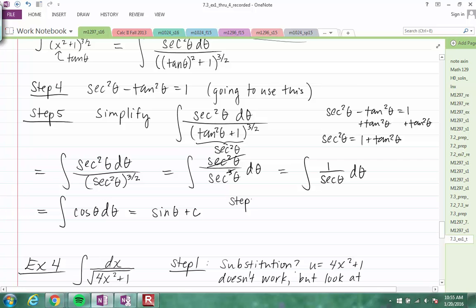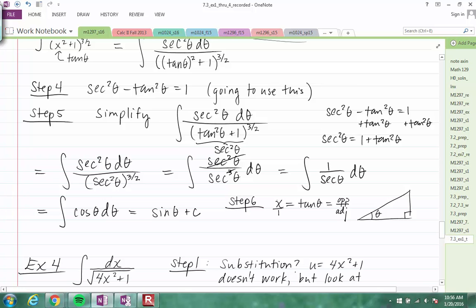I'm running out of room here, so I'll put it off to the side. This is going to involve going back and thinking about what your original substitution was. Ours was x is equal to tangent theta. We're going to do that triangle thing. I could put this x over 1 to get a fraction, and then I need to remember that tangent in right triangle land is opposite over adjacent.